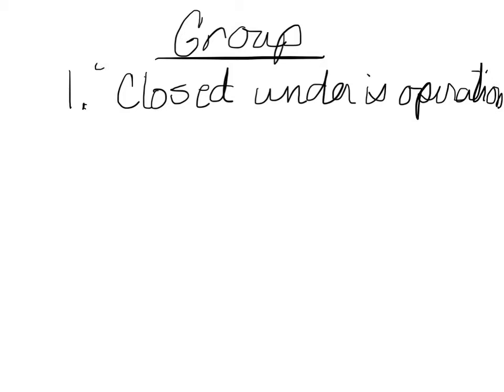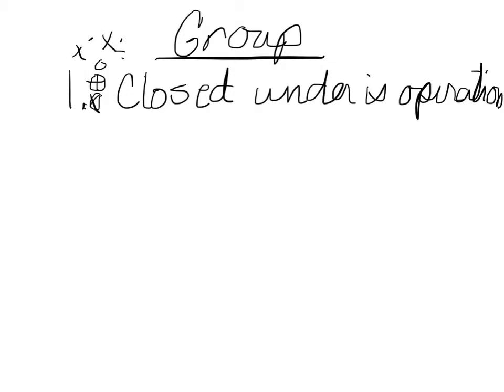Now, that operation could be a little circle like we used before. It could be this kind of modulus plus, or this varied multiplication. And so you can make all kinds of symbols for operations. In fact, the operations could be just our normal add, subtract, multiply, and divide.